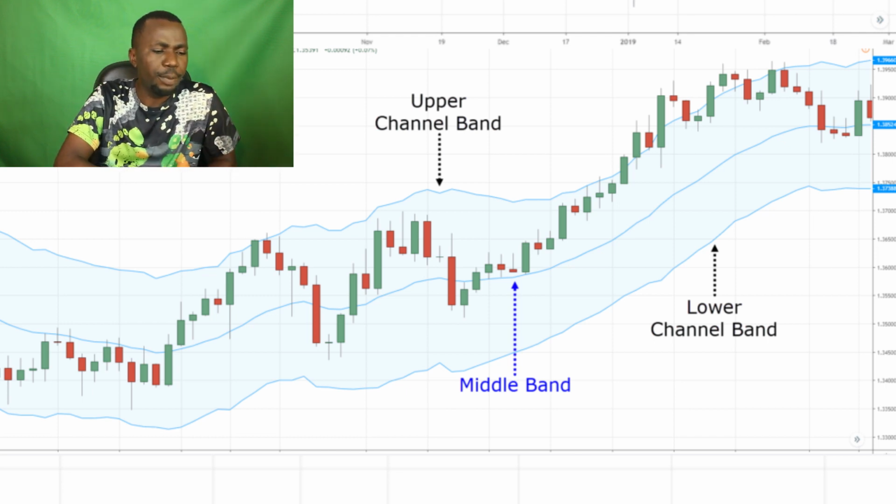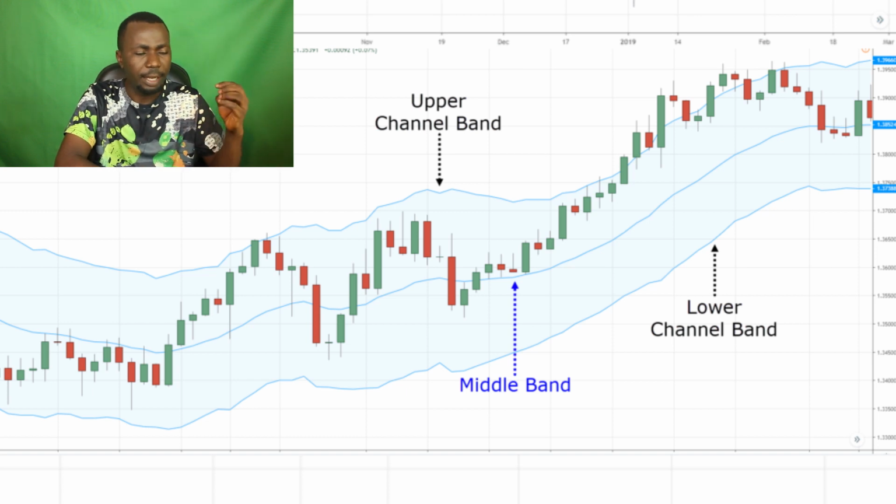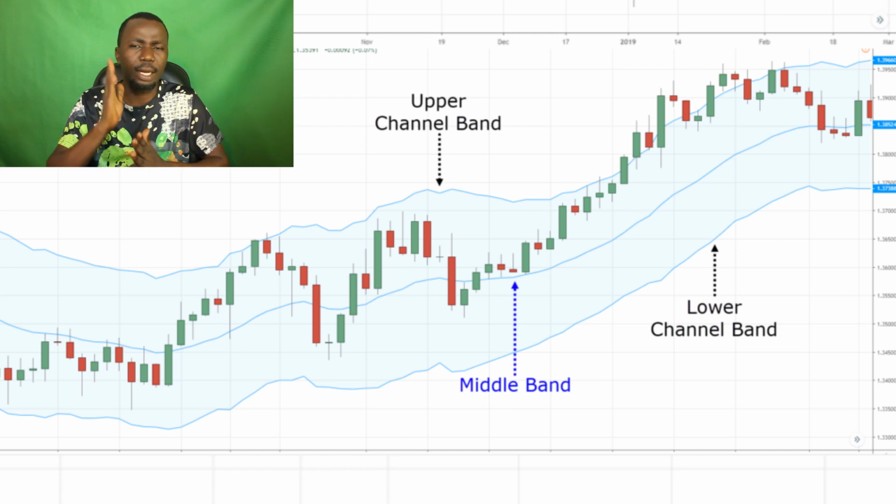Now, for you to be able to trade this indicator perfectly, you should understand market structure, and also you should understand price action, right? Like I told you, whenever I teach you indicators, I try to include price action so that you have a better confluence whenever you are trading using this indicator, because price action will make it more reliable.